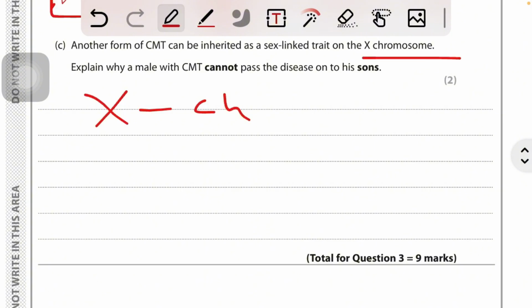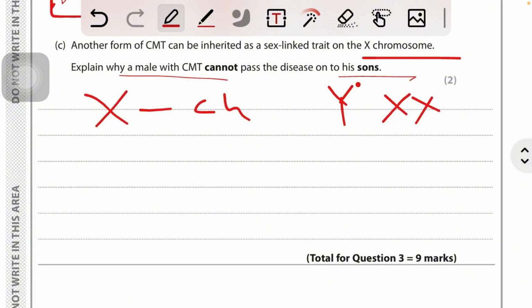But for sons, from the father, only the Y chromosome is donated, right, and not the X one. If it's XX, it's a daughter. So there is no chance for a male with CMT to pass the disease to his son.